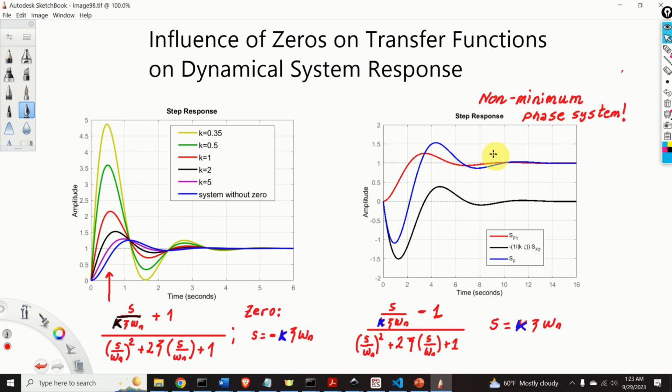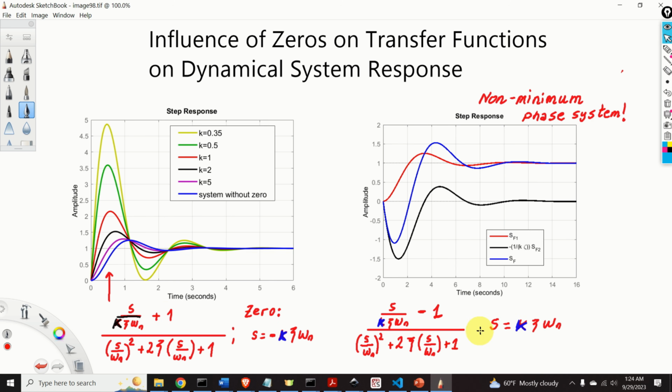On the right side, you can see the case when the zero is in the right half of the complex plane. This system belongs to the class of the so-called non-minimum phase systems. The transfer function is very similar to the first case with a difference, and this is a very big difference in this sign. That is, over here we have a minus, and over here we have a plus sign.